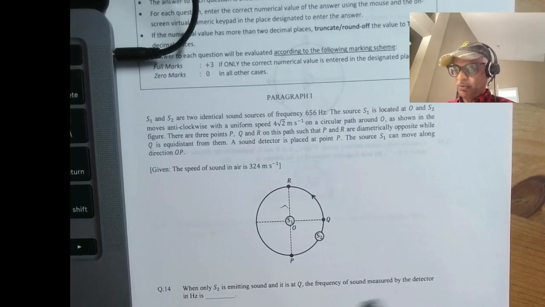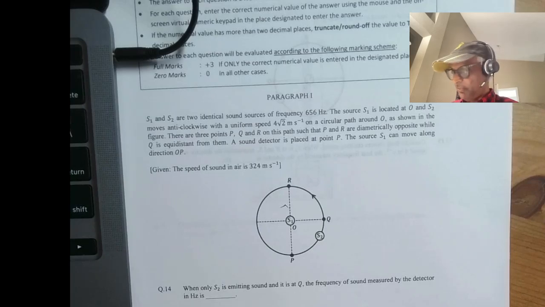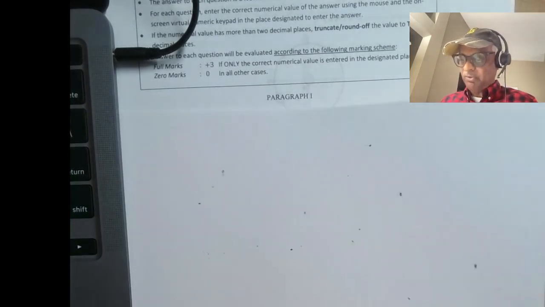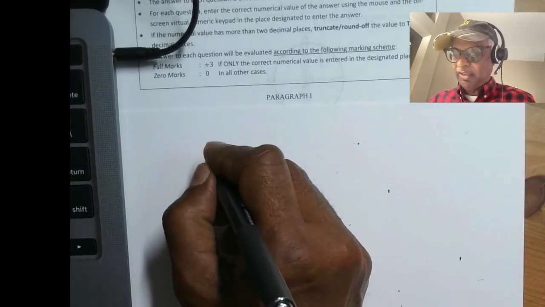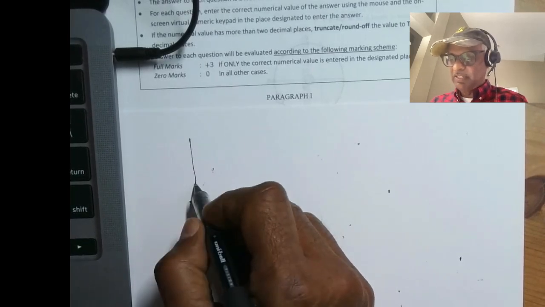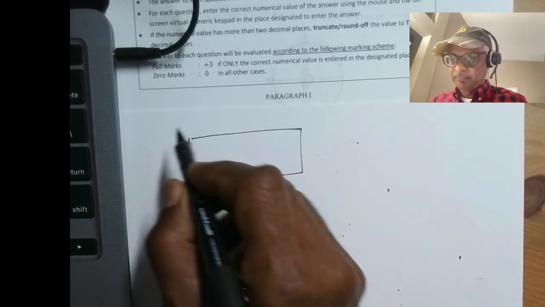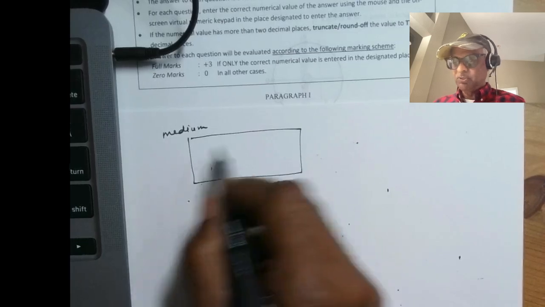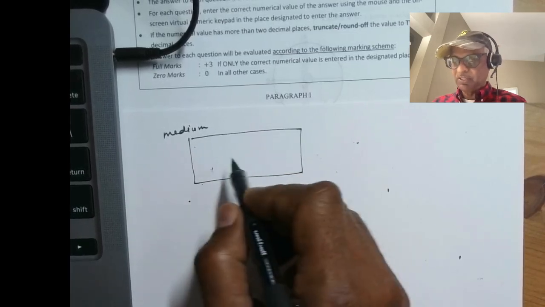Let's see what we know about the Doppler effect. In the Doppler effect there are three things. You have a medium of sound, like some air or something like that.